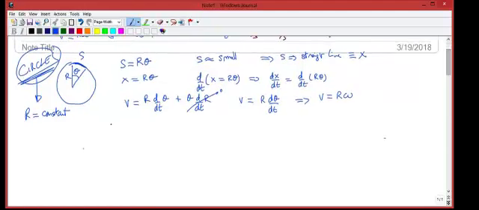Let's apply the first derivative with respect to time to the velocity equation. We're going to do the exact same thing, apply the product rule, and we will end up with dv dt, which is linear acceleration, equal to r times d omega dt, which is defined as alpha.